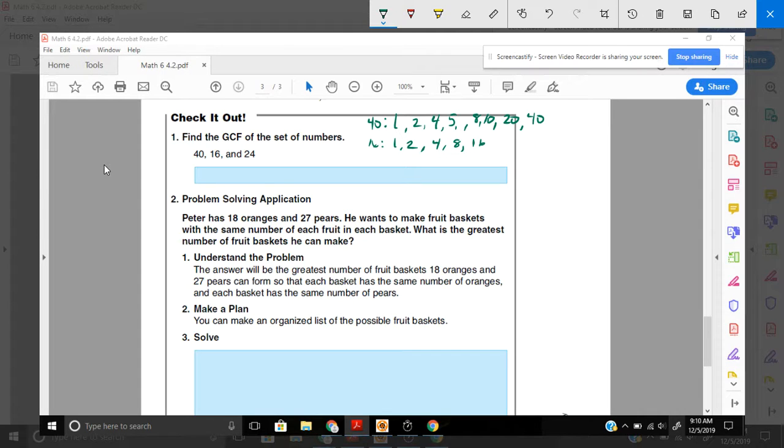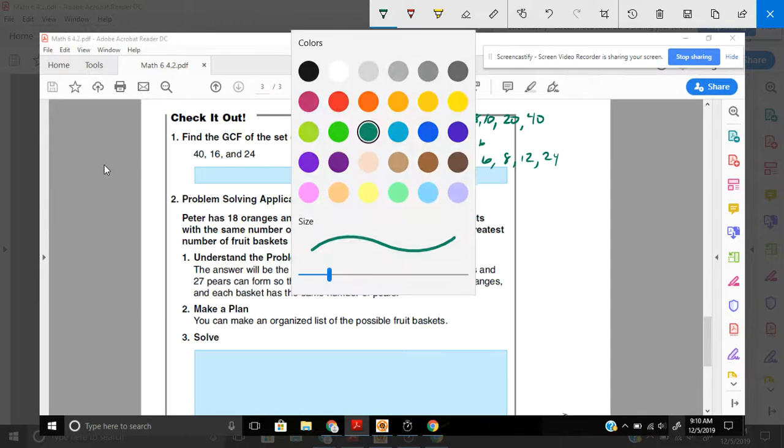And lastly, for factors of 24, I know we've done this one a few times: 1 times 24, 2 times 12, 3 times 8, 4 times 6. And now I'm just looking for the greatest of these that they all have in common.